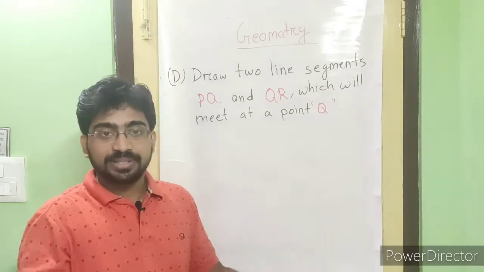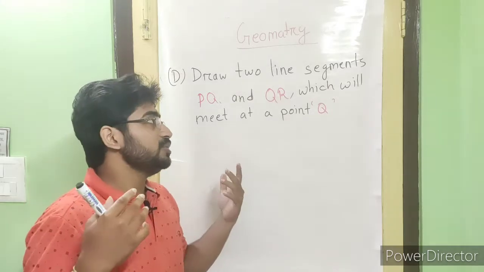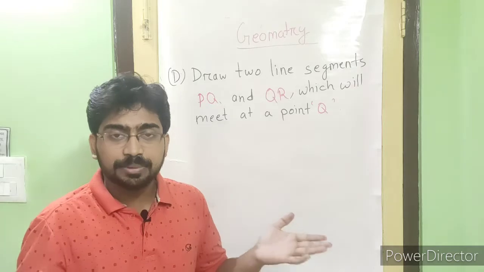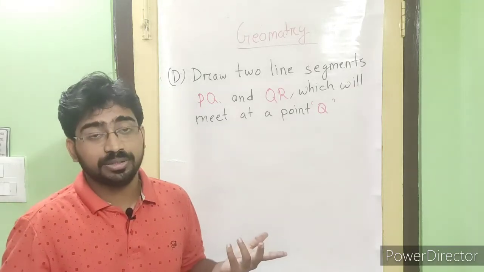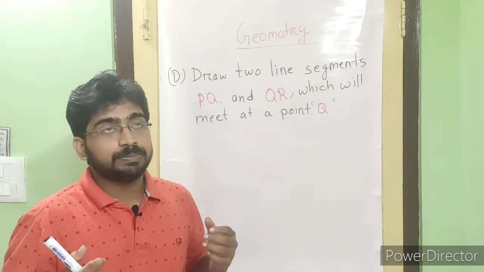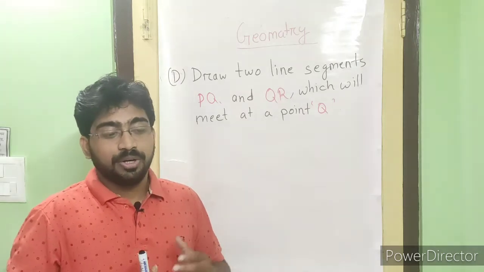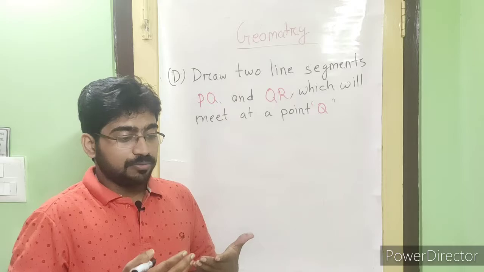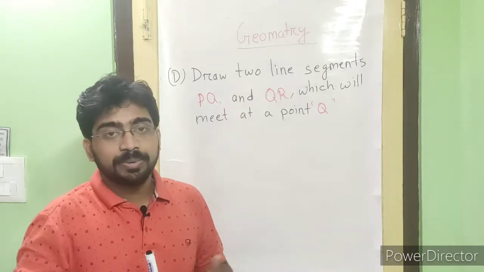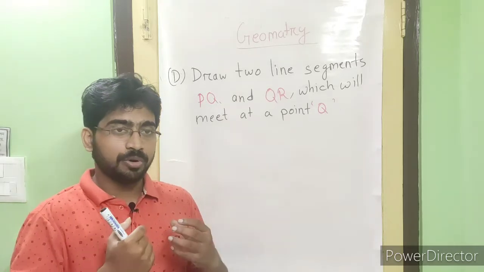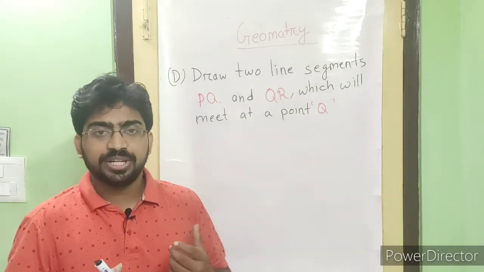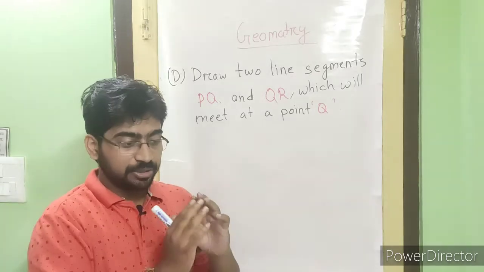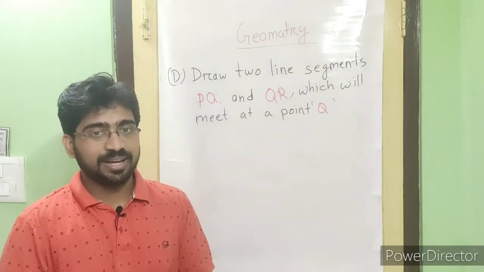We can choose 7 centimeter, 8 centimeter, 10 centimeter, 11 centimeter by our choice. 3 centimeter can be chosen, but the problem is, when you draw 2 or 3 centimeter line segments, it is quite messy or problematic for the teacher who is checking this, because they need to check whether your basics are clear or not.